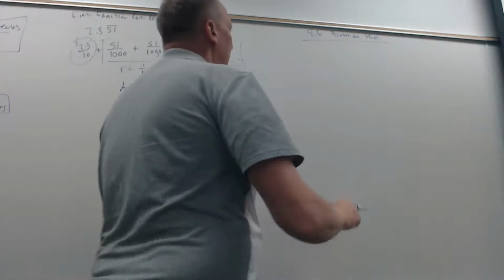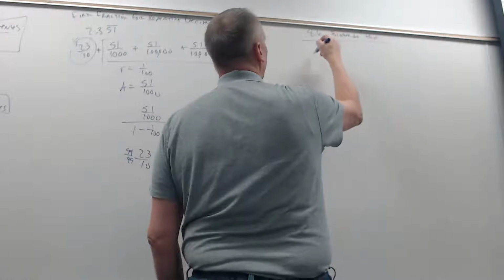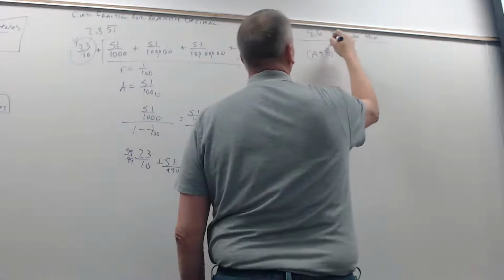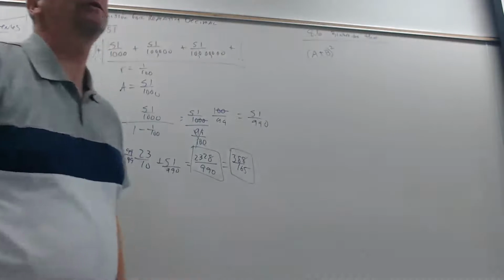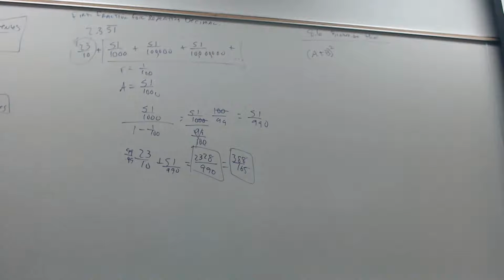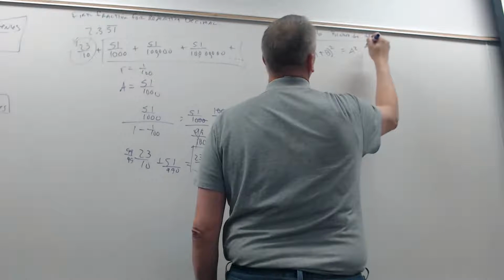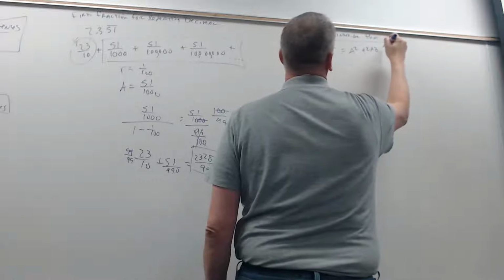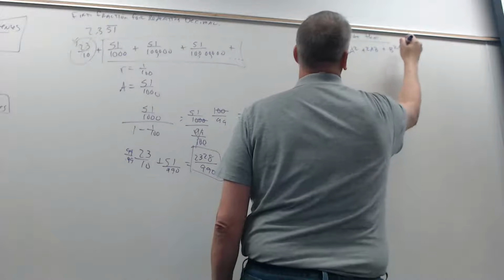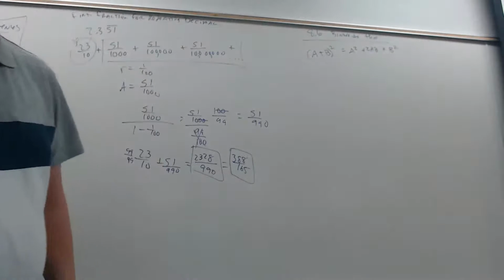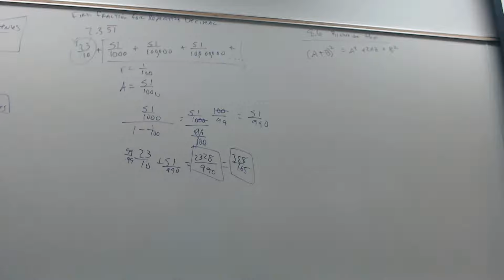Okay, so, Caitlin, I haven't picked on you. If I had the factors a plus b and I wanted to FOIL that out, do you know what you would get? You get a squared plus 2ab plus b squared. Okay, well done.